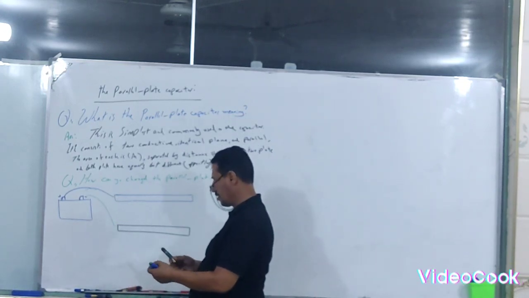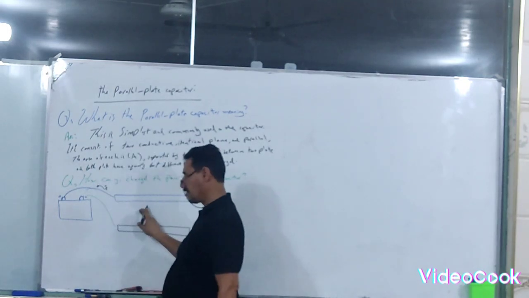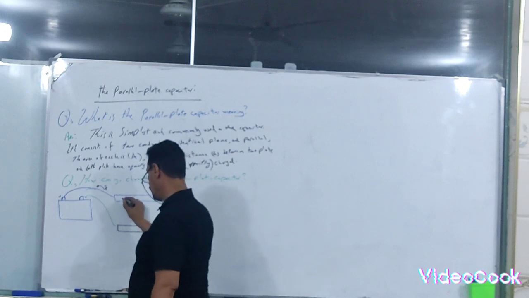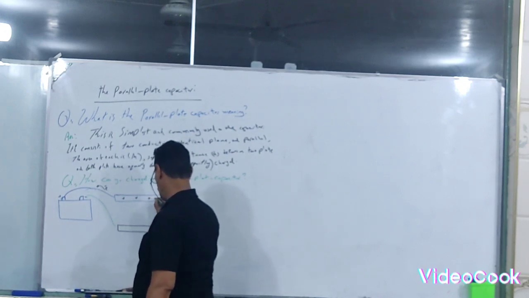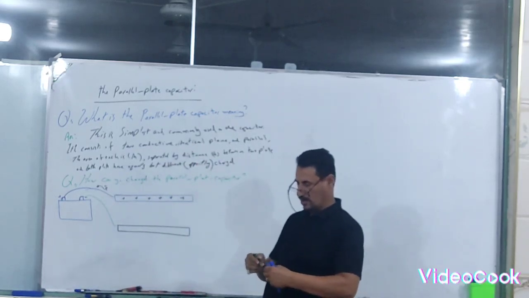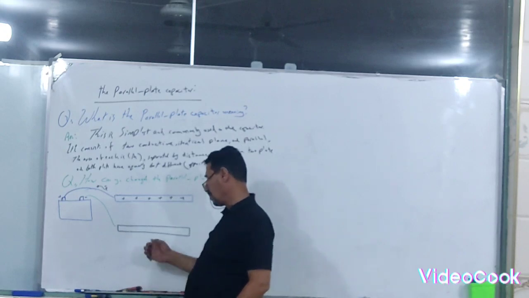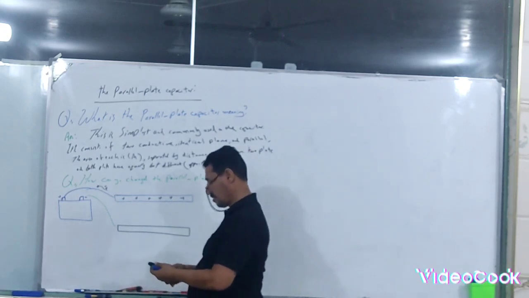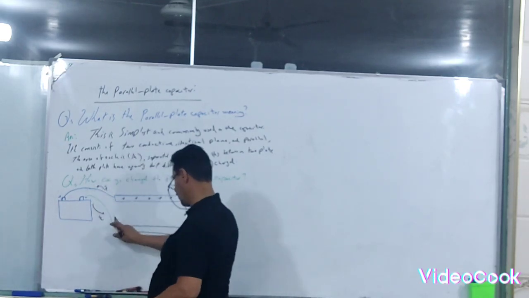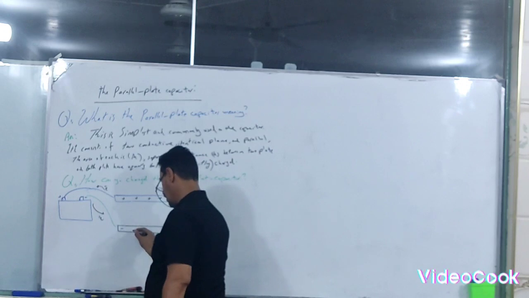The first plate will be charged with positive charge as a result of the transfer of negative charge from the plate to the positive pole of the battery, due to the attractive force of Coulomb's law. The other plate will be charged with a negative charge as a result of the transfer of negative charge from the battery to the plate.